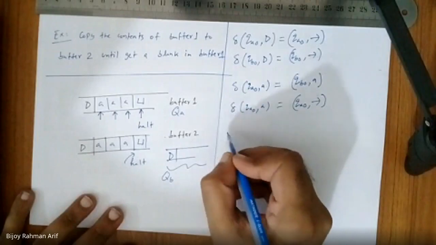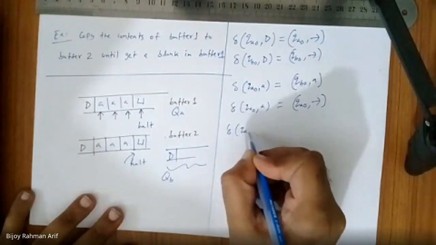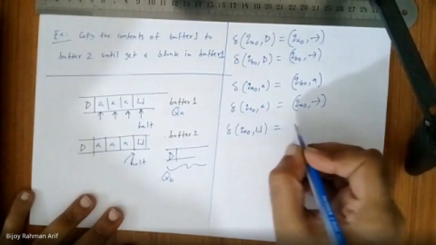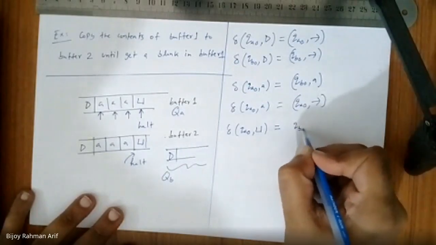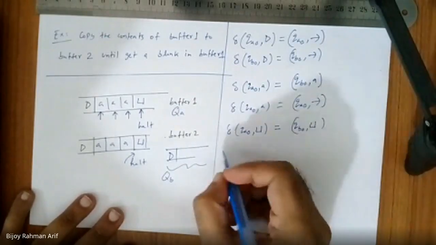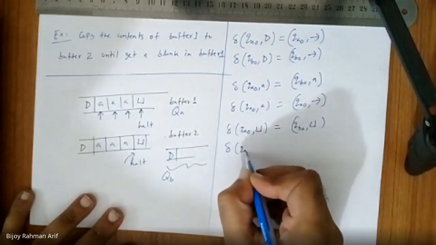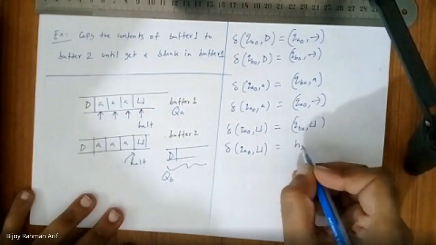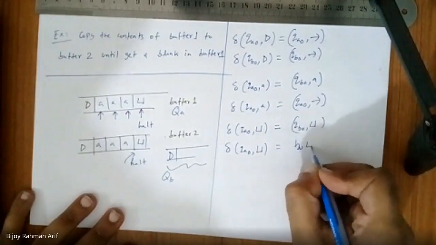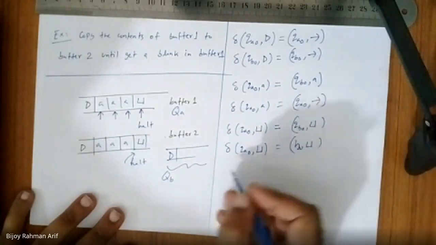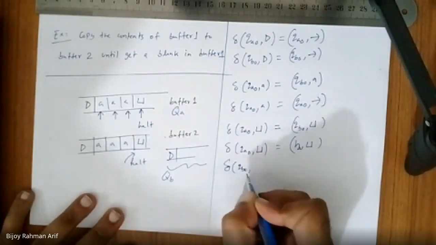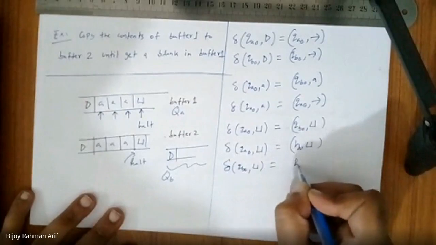Finally, delta of QA naught, blank is nothing but QB naught blank. Then delta of QA naught, blank is nothing but halt HA blank. And finally, I have to fill this: delta of QB naught, blank, HB.